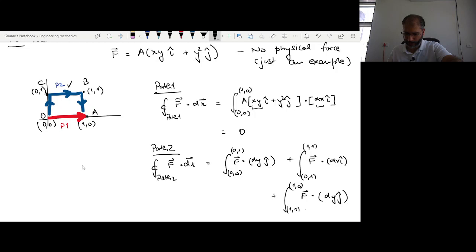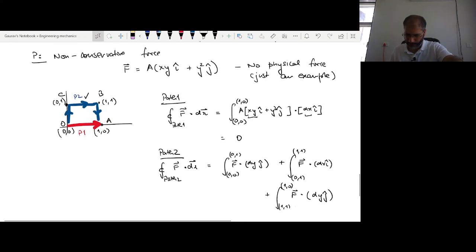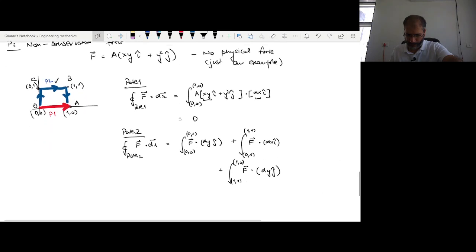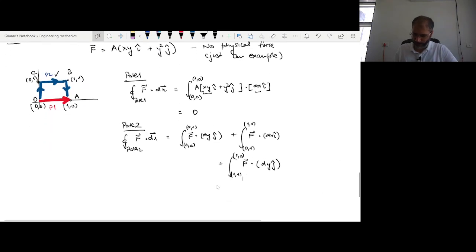So if I put the expression for the force, let's use a bit more space. For the first case we have y squared dy integrated, so that is only a function of y, and y goes from 0 to 1, so that becomes y cubed by 3 from 0 to 1, so that's 1 by 3.